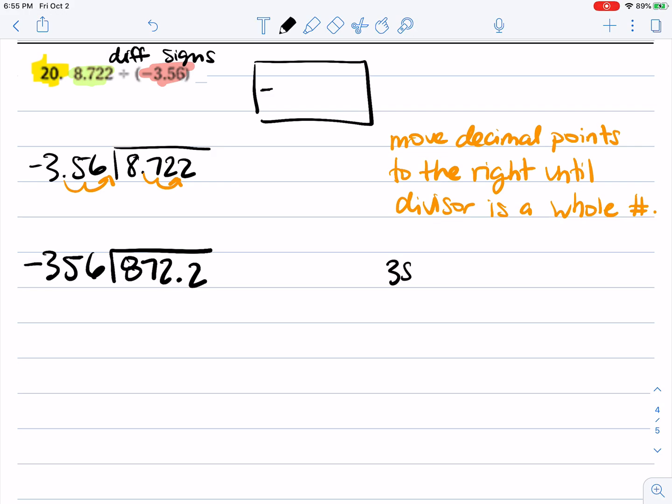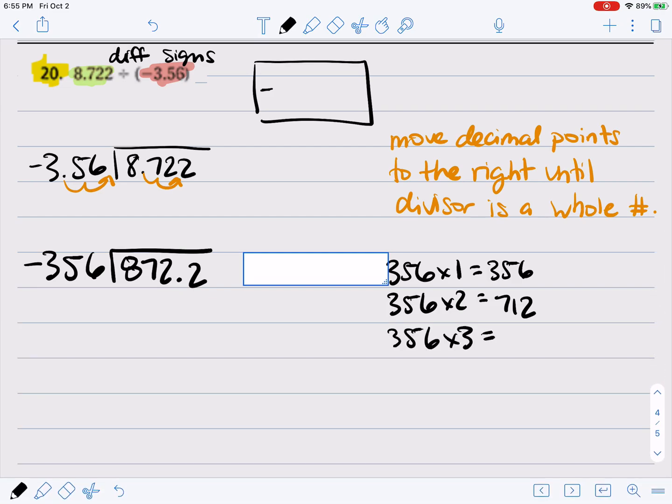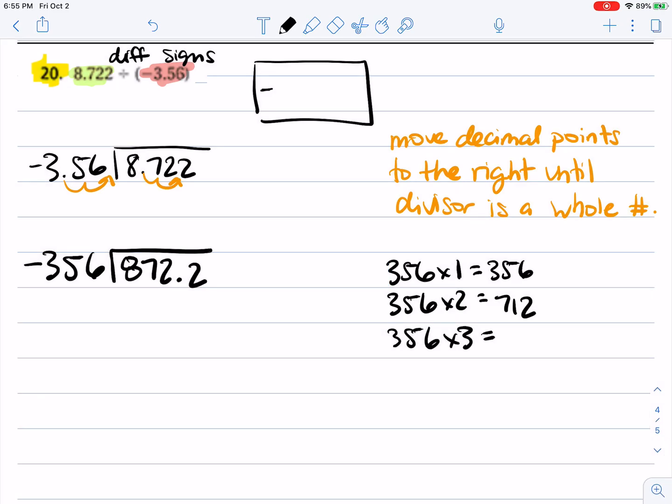So 356 times 1 is 356. 356 times 2 is 712. 356 times 3 is, let's see, oops, 1,068, and then 356 times 4 is 1,424.